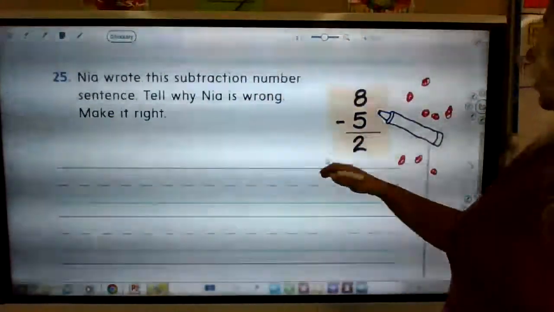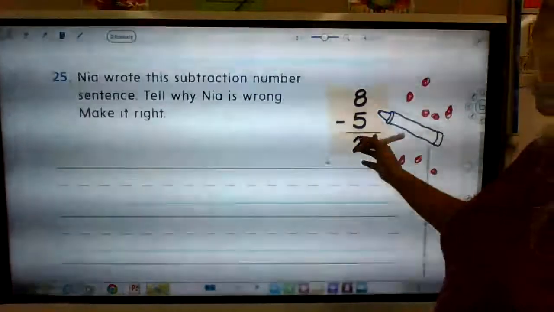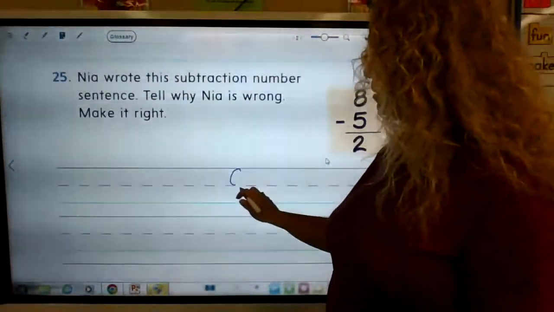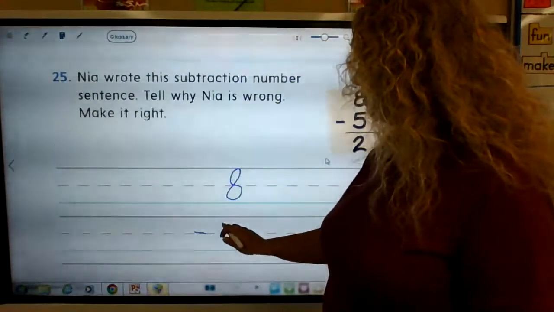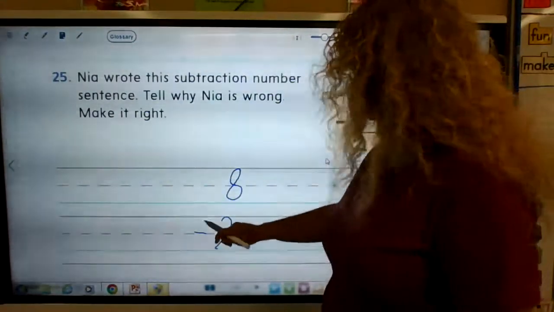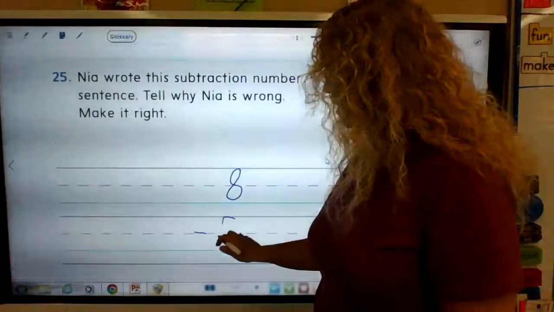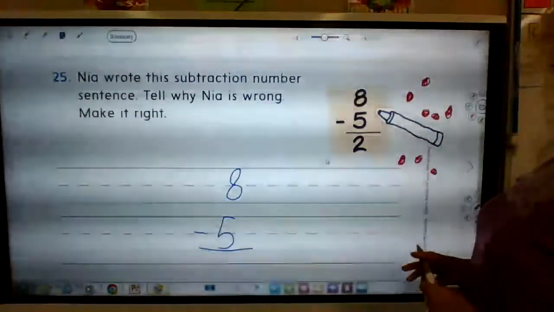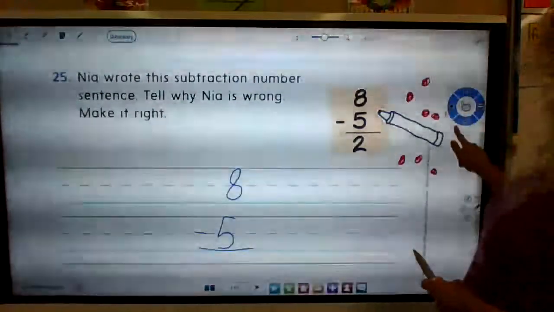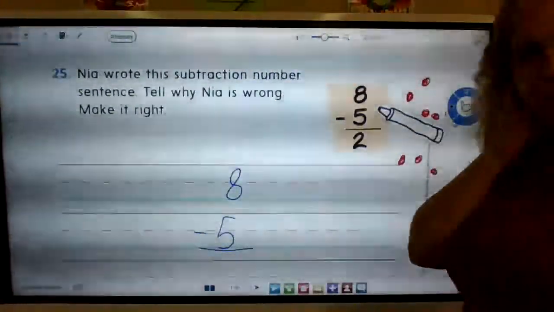We're going to do it vertical just like she did. Okay, so we're going to do 8, just kind of go inside here, minus 2, whoop, no, 8 minus 5 equals, well, let's see, that was the butterfly one I did.